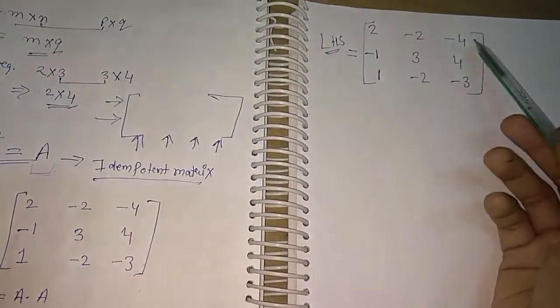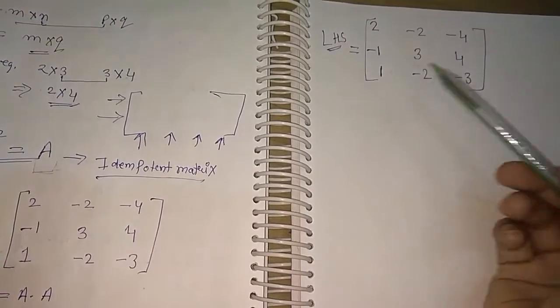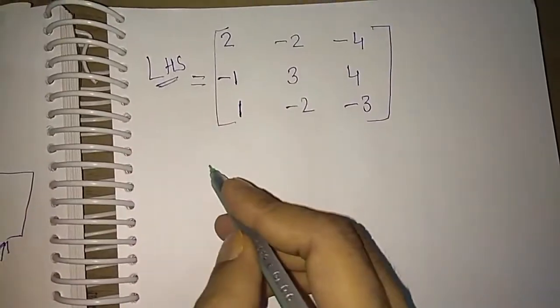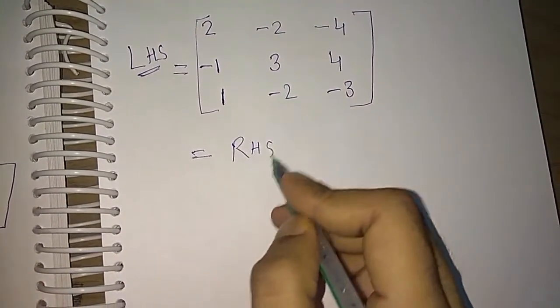Or we can directly compare that. First element 2 is same, minus 2 same, minus 4 same, minus 1 and 3 4, 1 minus 2 minus 3. All the elements are the same.